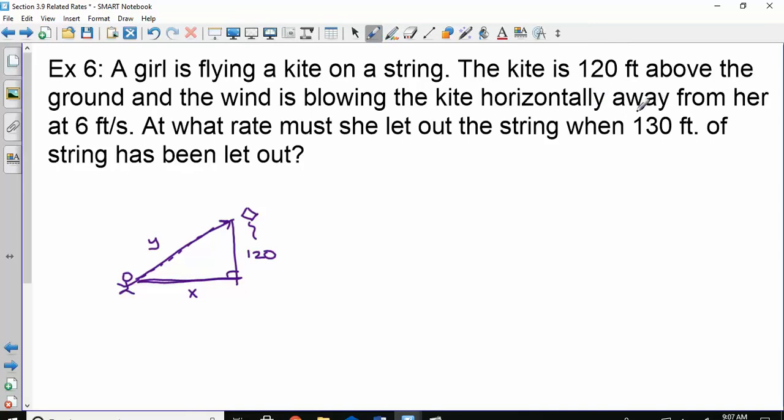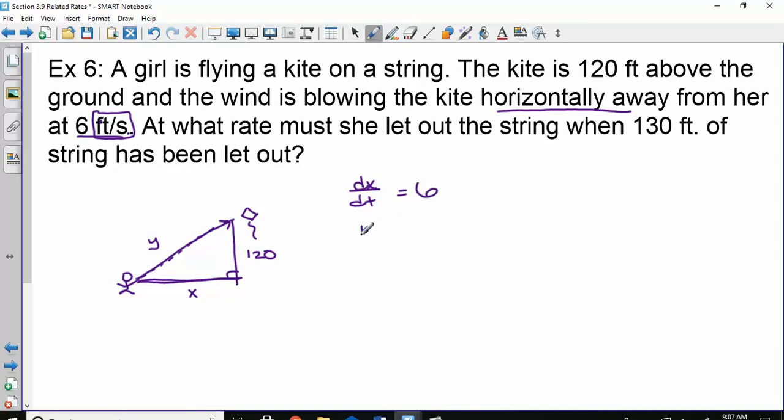So if we look at this, the horizontal speed is 6 feet per second. So my horizontal is my x. I told you, anytime your units are a rate, that's a derivative. So dx dt. You notice x is in feet, t is in seconds, so x over t. At what rate must she let the string out?